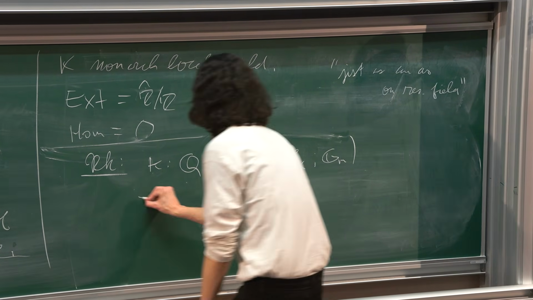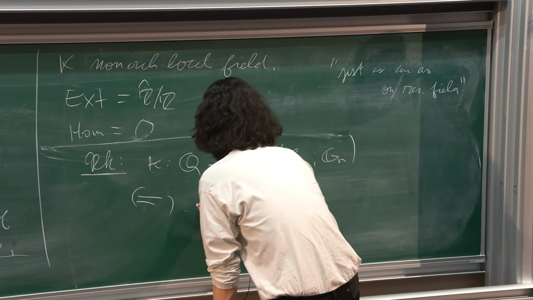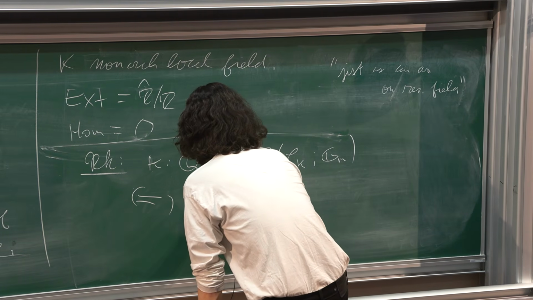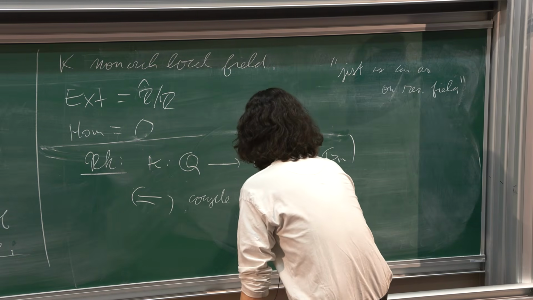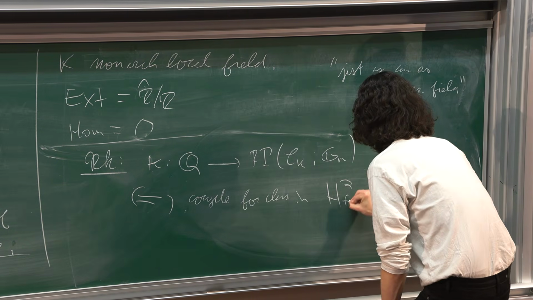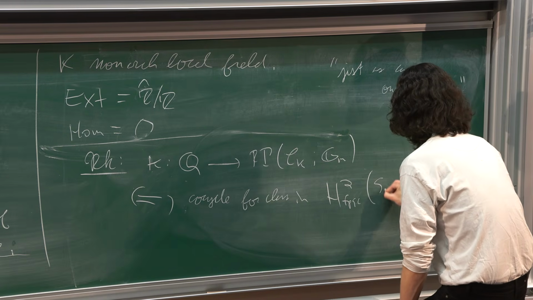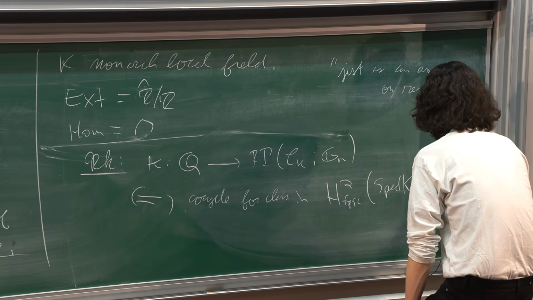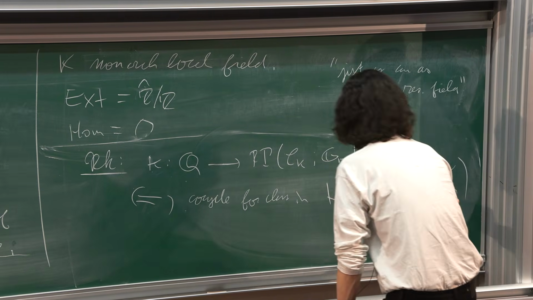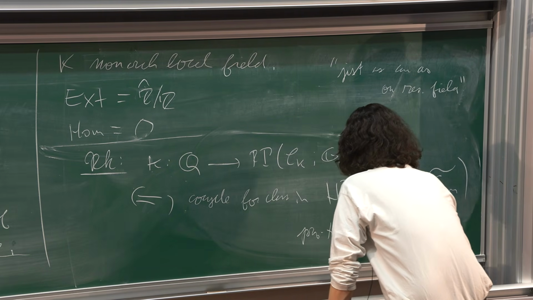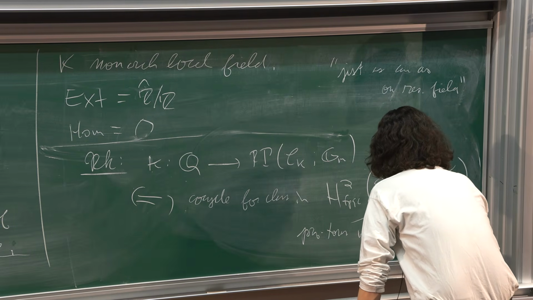This is the same thing as a cocycle for a class in H^2 fpqc of Spec K of G_m tilde. This is the protorus with character group Q.